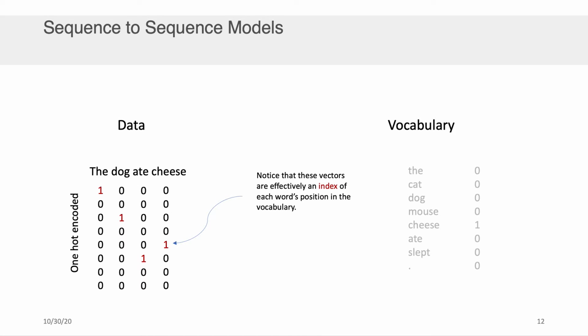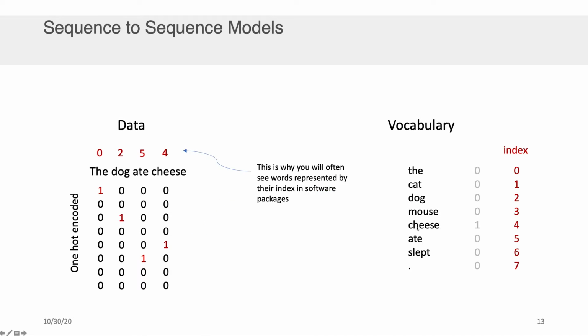Now, notice that these vectors are effectively an index of each word's position in the vocabulary. That is to say that this particular one shows up at the 0, 1, 2, 3, 4th location because cheese is the 4th word in this vocabulary, right? And so one of the things we can do, and in fact that you will see done in a lot of software packages, is to, instead of writing out this one-hot encoded matrix, just write the index of each of the words in the vocabulary.